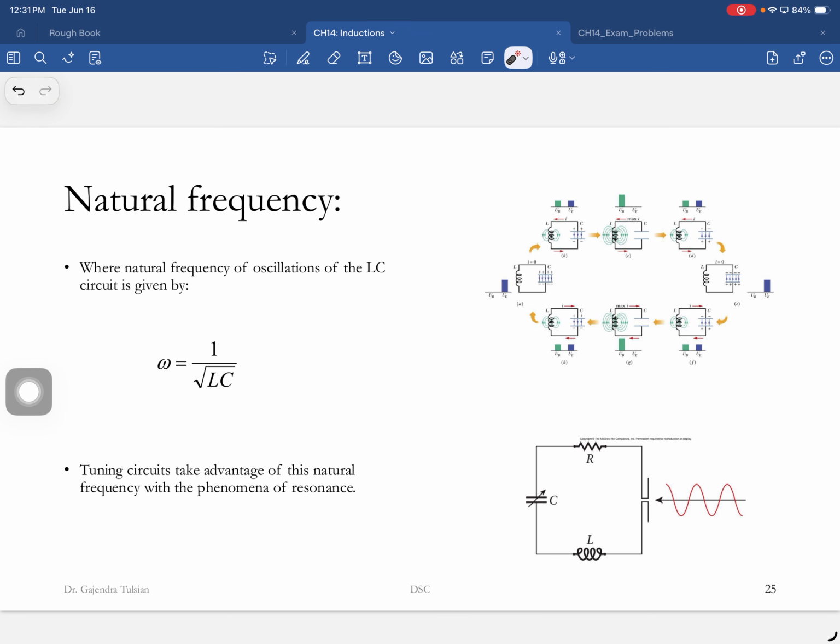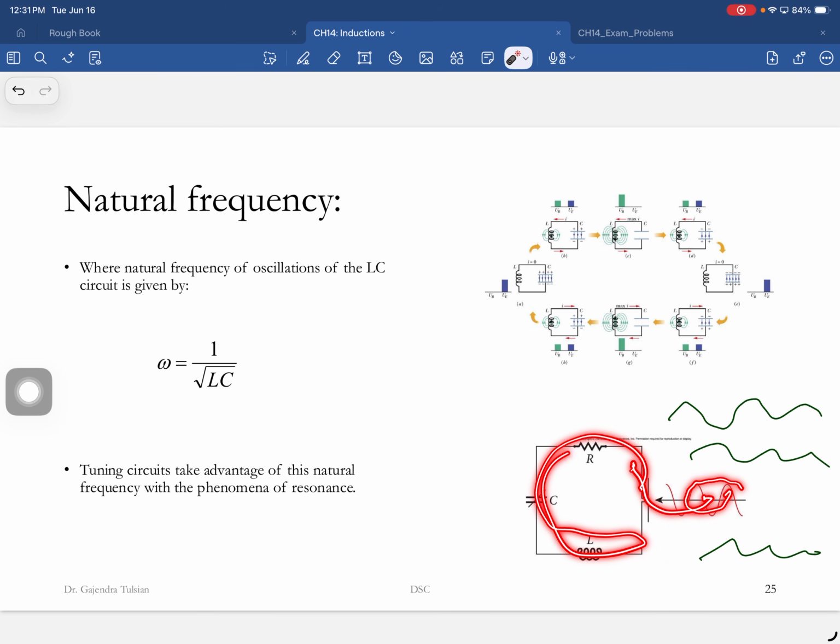All right, so here's how it works. Now this was an ideal circuit. In real circuits, you do have a little resistance, which changes the natural frequency slightly. But nevertheless, this circuit has a natural frequency. And if you have a room full of chatter, only the frequency that matches the natural frequency of this circuit will set up a large amplitude current.